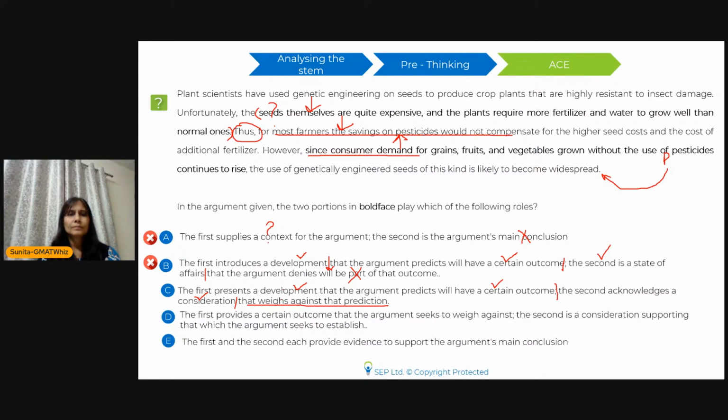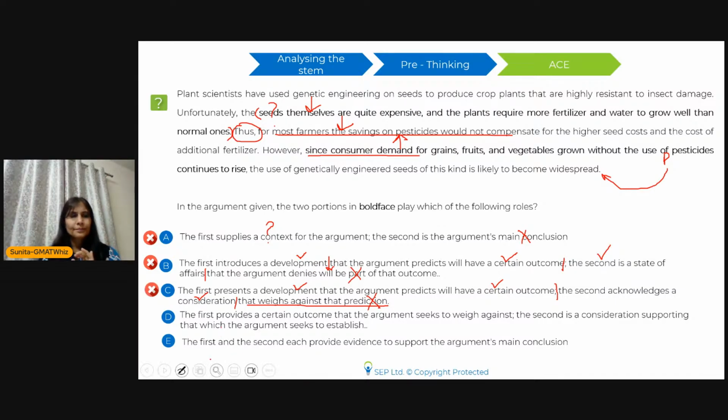No. The two are not going against each other. Since consumer demand continues to rise, it is not negating the idea that farmers won't make any savings. So C is out.